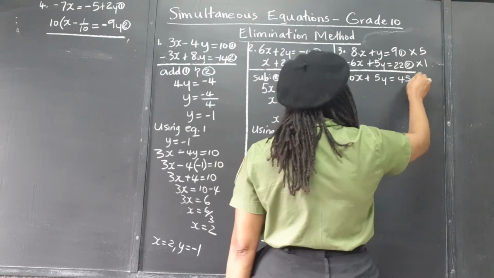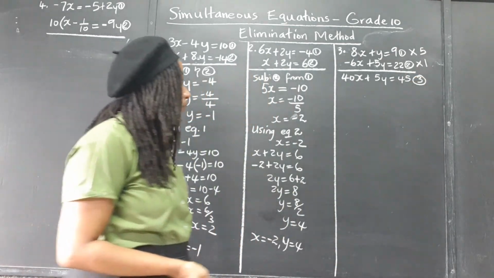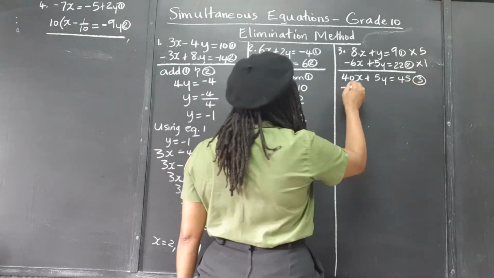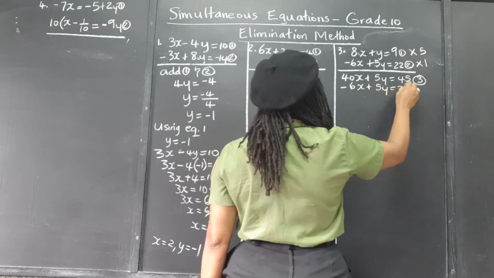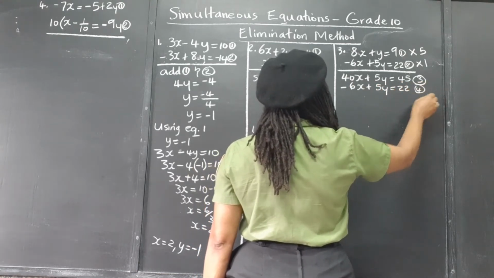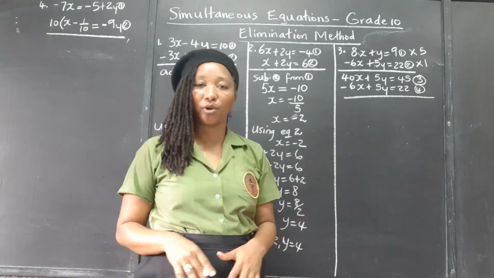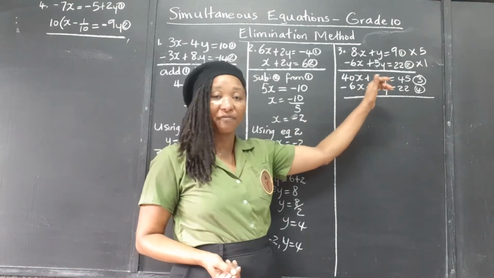And that's a new equation, so I'm going to call it equation 3. If I multiply all of this equation by 1, I'm going to end up with the same equation because I'm multiplying by 1. And that's equation 4. Again, I draw my line because I have 2 new equations to work with. Do you realize that we now have the same coefficient?